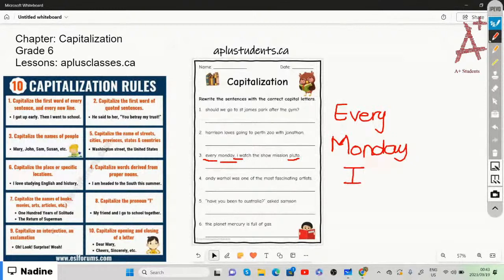Remember, we said that we need to capitalize the pronoun I. As well as Pluto, which is a planet. So well done for that.